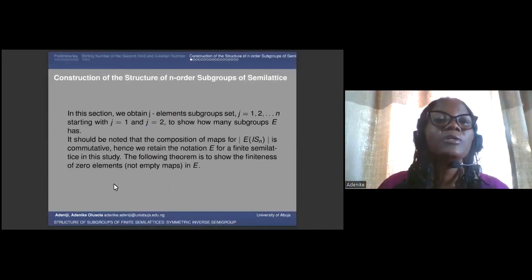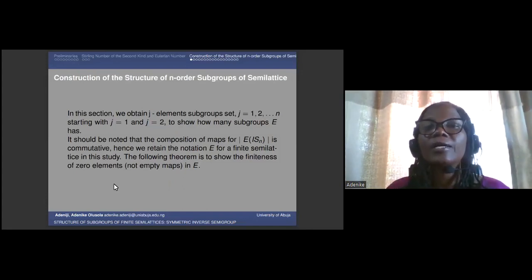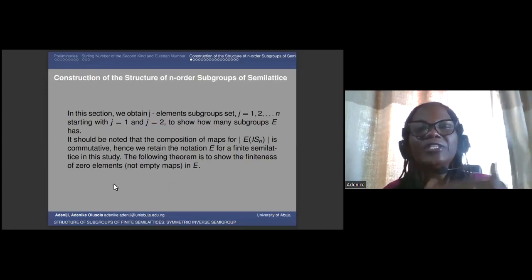So now let's see the structure of n other subgroups of the semilattice. We obtain j-element subgroup sets where j is equal to 1 and 2. For the remaining j's, this is just part of our research work.